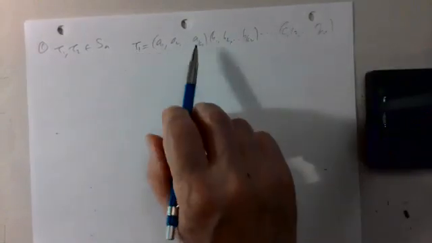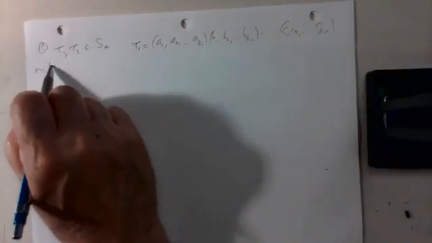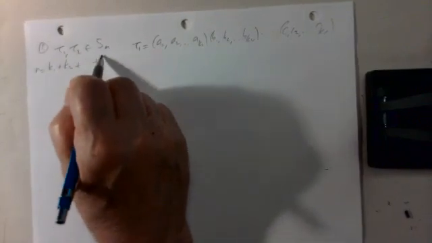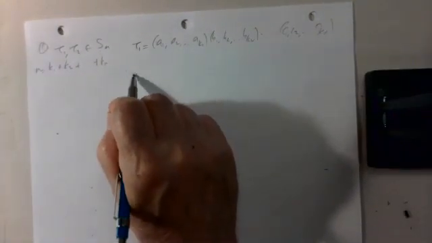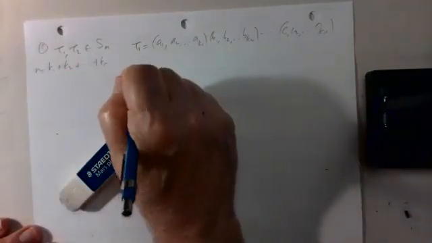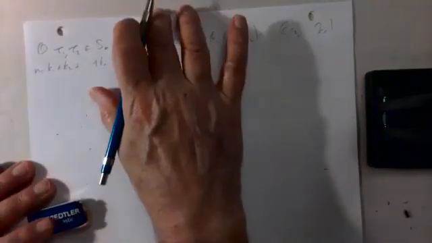So here tau 1 is a product of R disjoint cycles of lengths K1, K2, and so forth, up to K sub R. And tau 2 is also a product of disjoint cycles of exactly the same lengths.